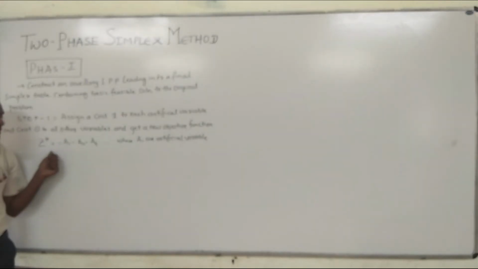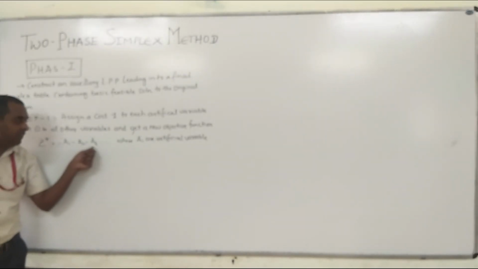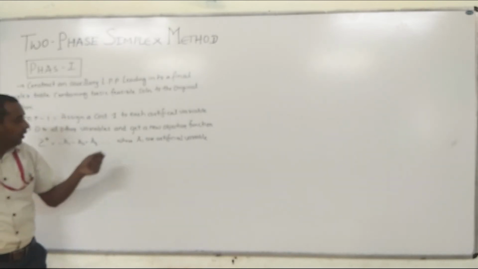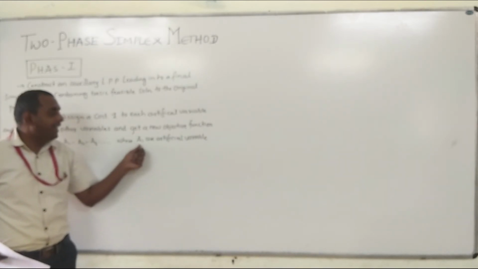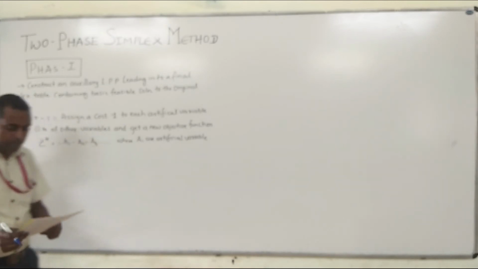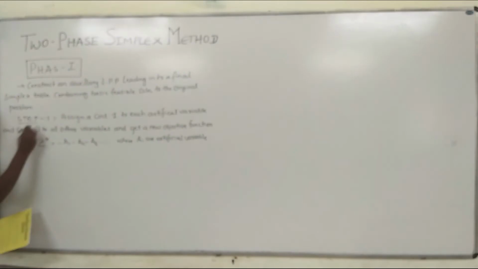For example, z star is equal to minus a1 minus a2 minus a3 up to an, where ai are artificial variables. Once we are done with this, go to step 2.